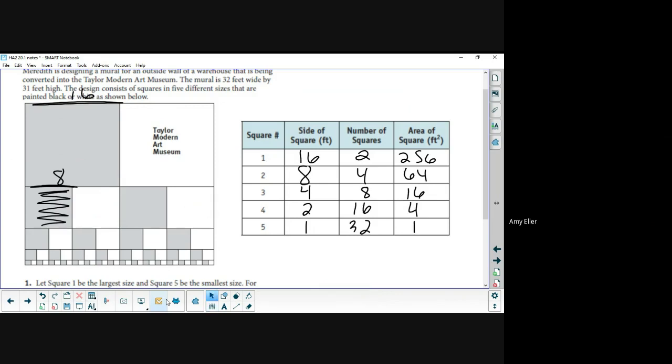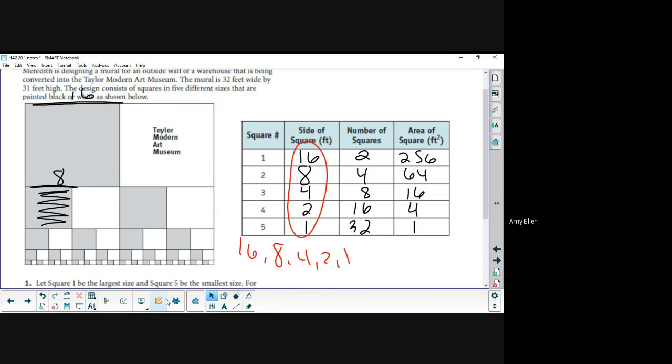All right, go ahead and check your work up there. Do these numbers right here, if I were to write them in a line, would those be arithmetic?